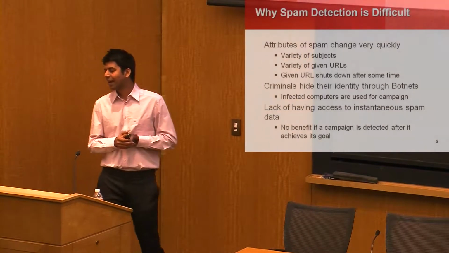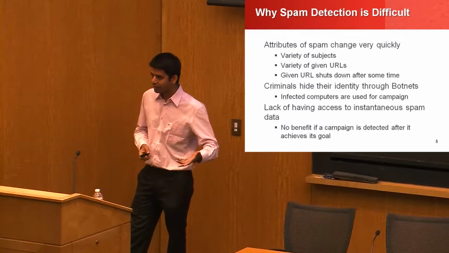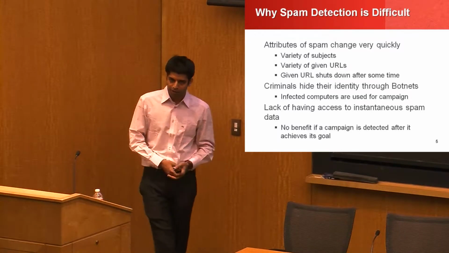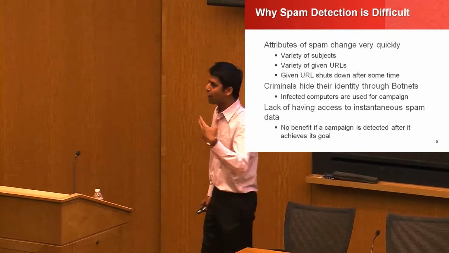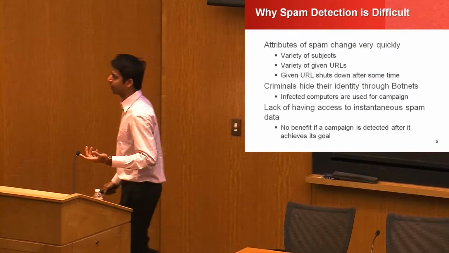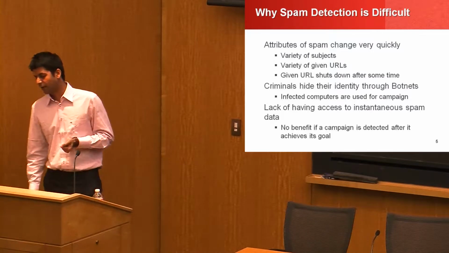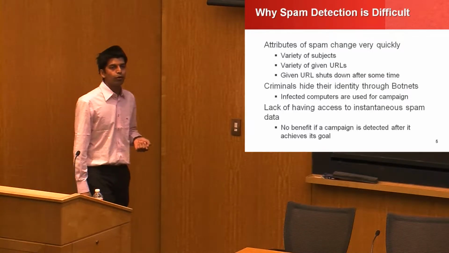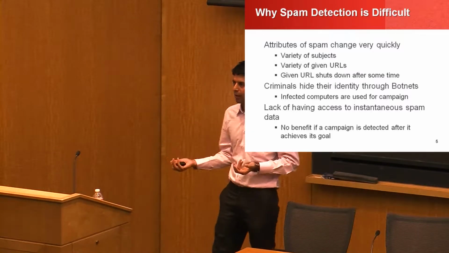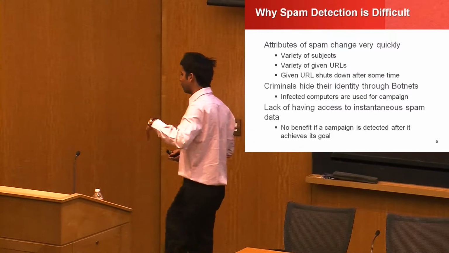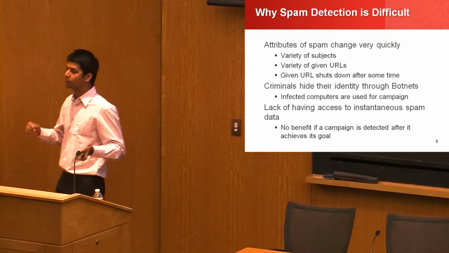The second part is that criminals hide their identity. If you want to trace them, sometimes, as I have already mentioned, they use your computer. When you are infected, they use the compromised user's computer to harm other people. So this is why it is difficult. And the last thing is that we don't have access to instantaneous spam email. For example, we have a model to detect spam email.